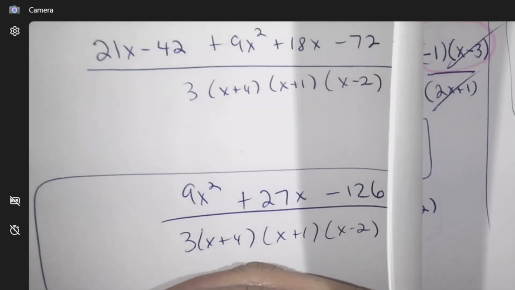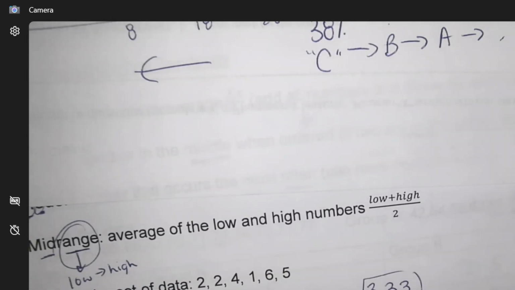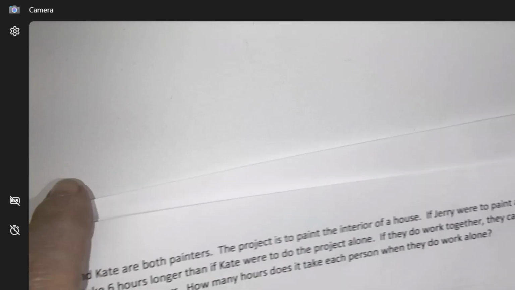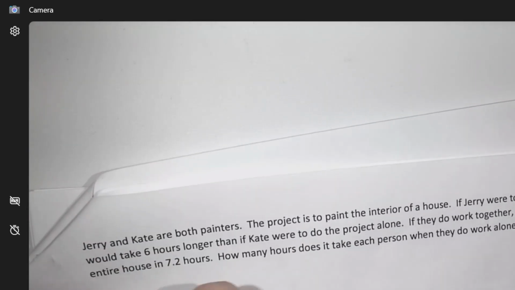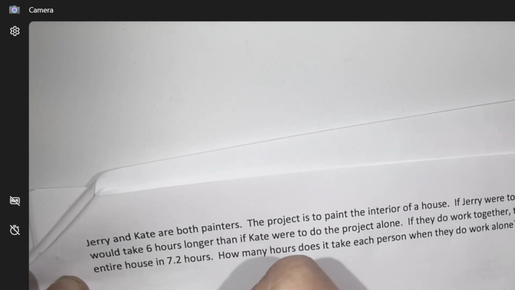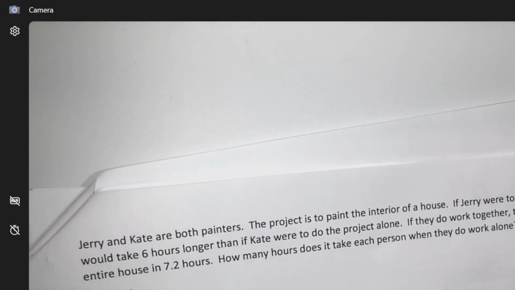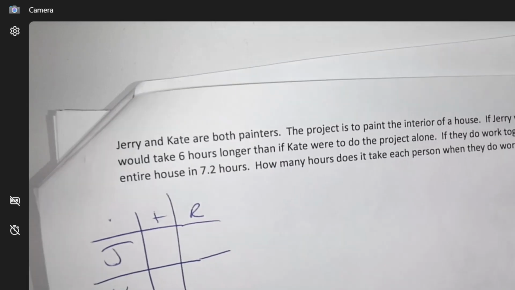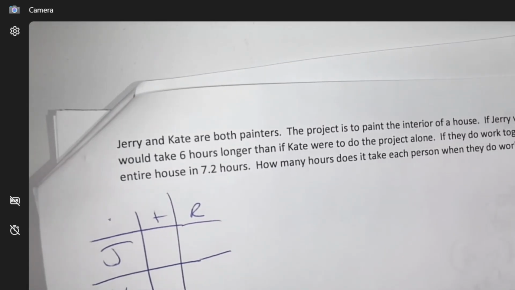Okay, last one. Okay, so this is a time rate question, so I'm going to do that little chart. Jerry and Kate, time rate. Okay, so they're painting together.